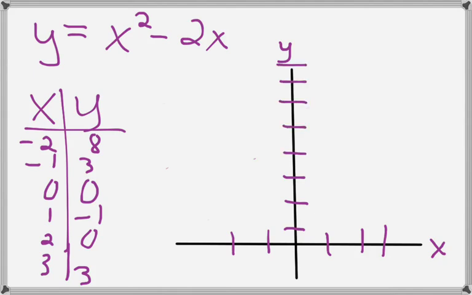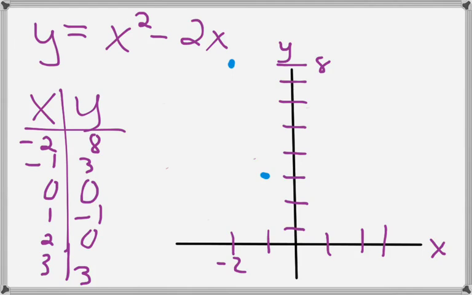All right. So we had the point -2, 8. So we're right here. -1, 3. So 1 left, 3 up from the origin.